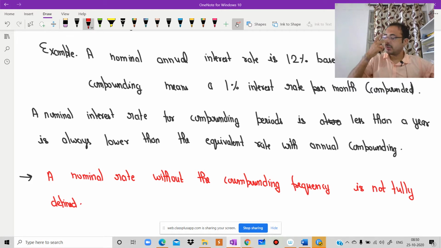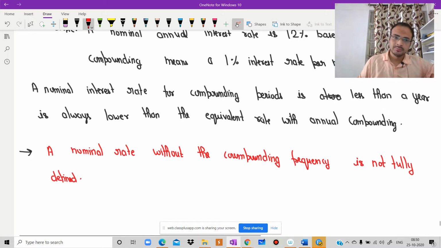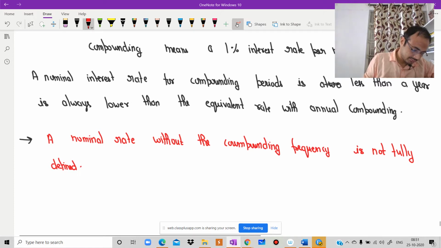If per 4 months, it means compounded 3 times in a year. Per 6 months, compounded twice in a year. Per month, compounded 12 times in a year. So a nominal rate without compounding frequency is not fully defined.